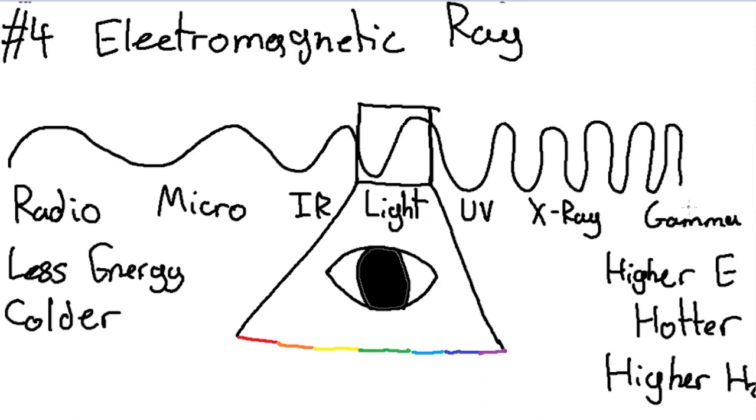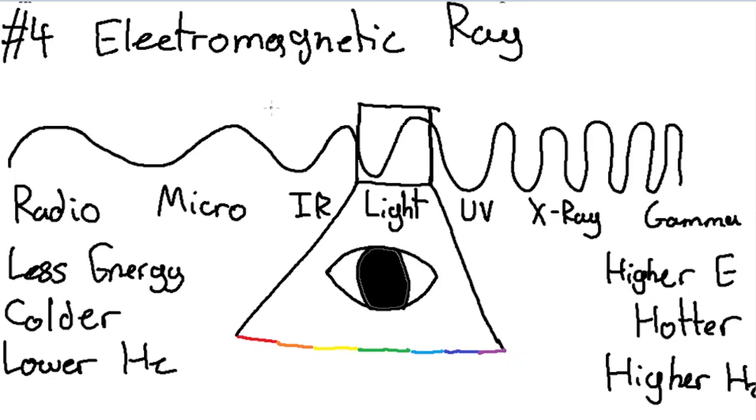So to the right, it's higher energy, it's hotter as well, and the frequency is higher. And then to the left, the frequency is lower, right? Lower frequency. So yeah, I guess that's property number 4.